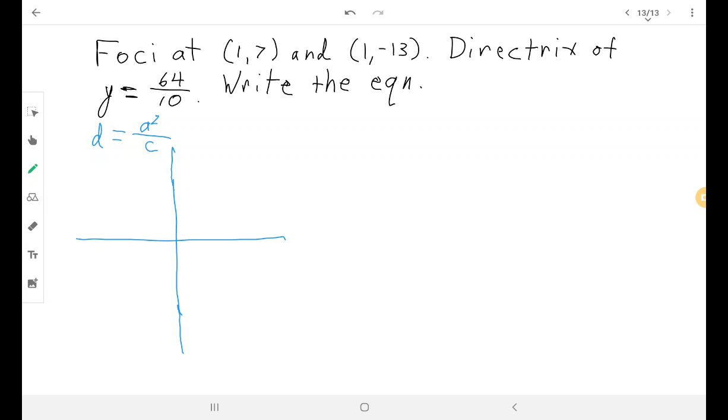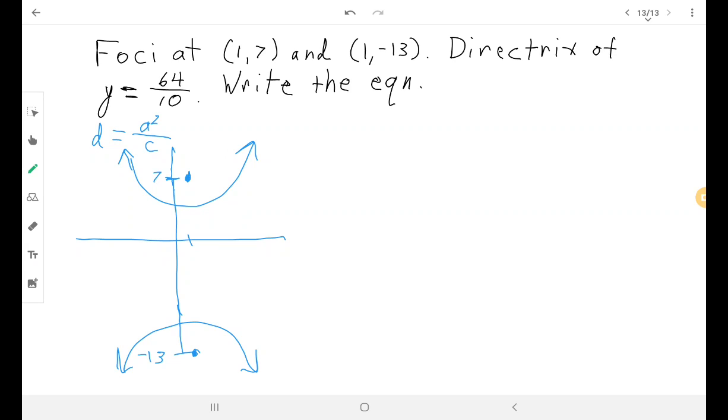So foci at (1, 7) and (1, -13). So there's a focus point there, and there's a focus point there, which means they have to open with those inside of them.